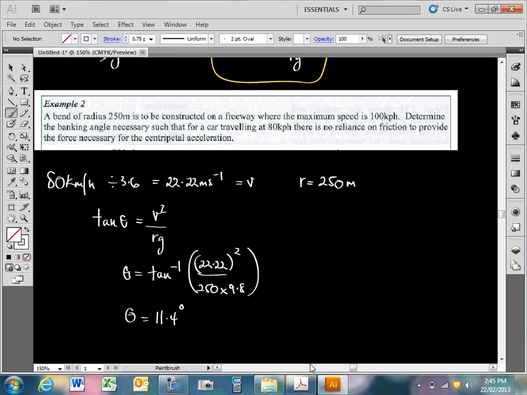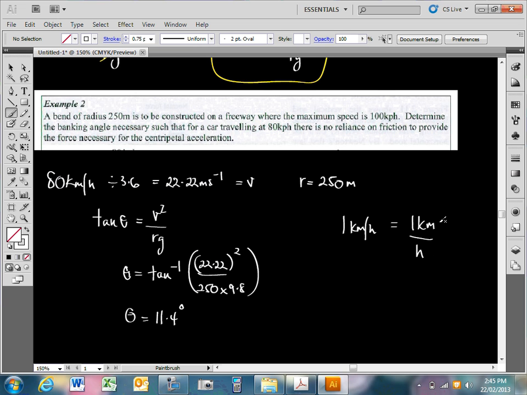The question is, why do we divide this to get from kilometres an hour to metres per second? Why do we divide it by 3.6? Well, if you have 1 kilometre per hour, that's the same as saying 1 kilometre divided by hours, isn't it?